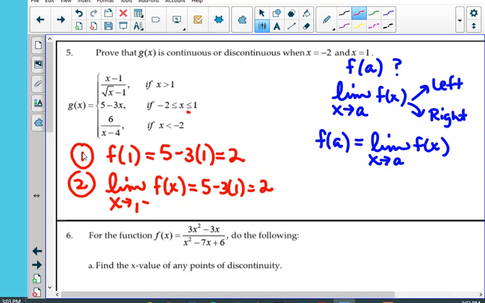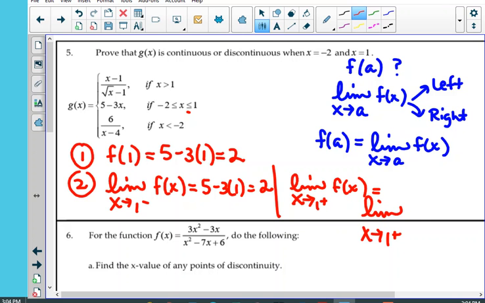So next, I'm going to do the limit as x approaches 1 from the right of this function. Now, this is the part that's going to be a little tricky because this means I'm taking the limit as x approaches 1 from the right of x minus 1 over root x minus 1. And once you know it, it's another conjugate.